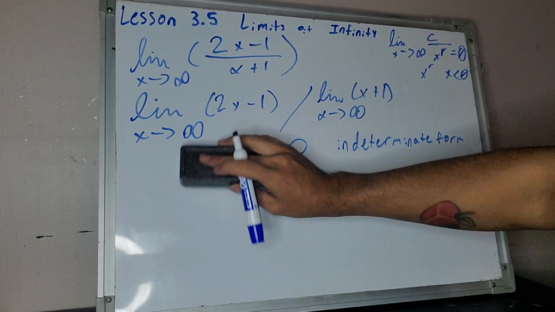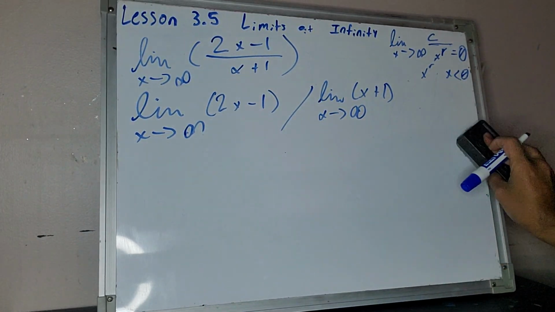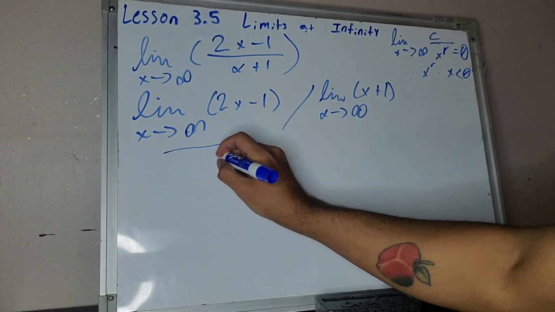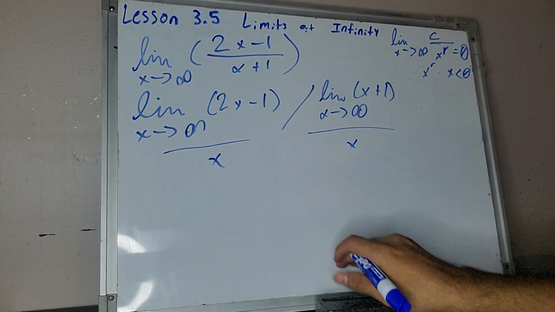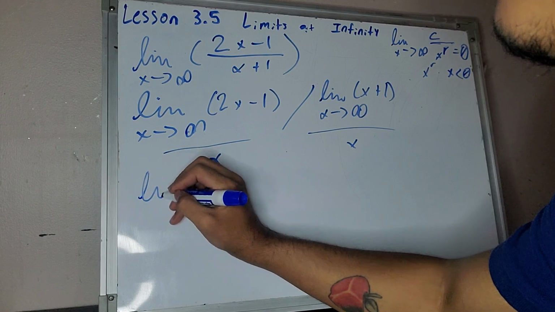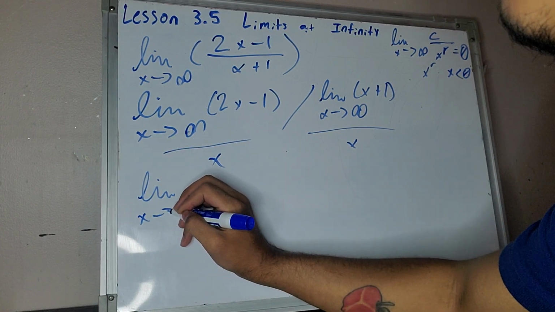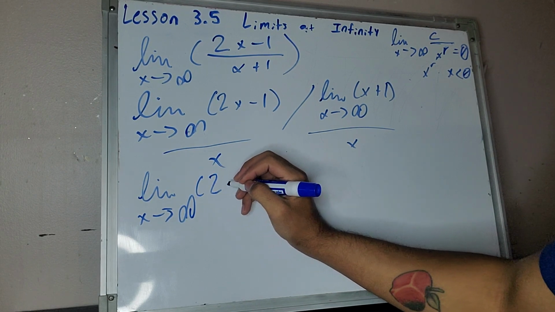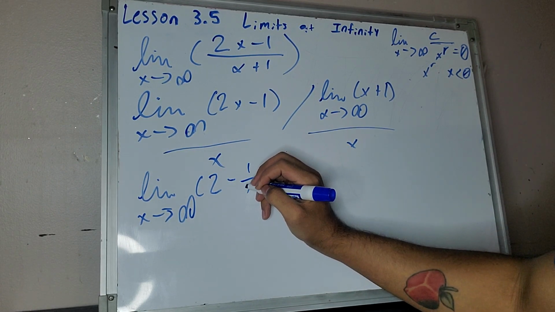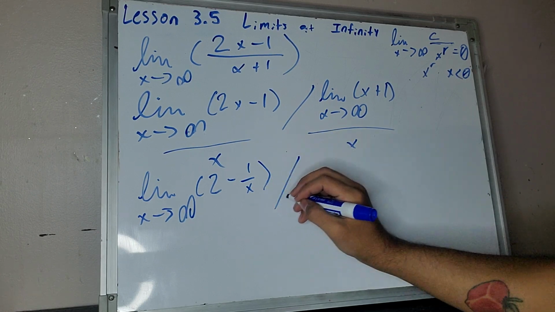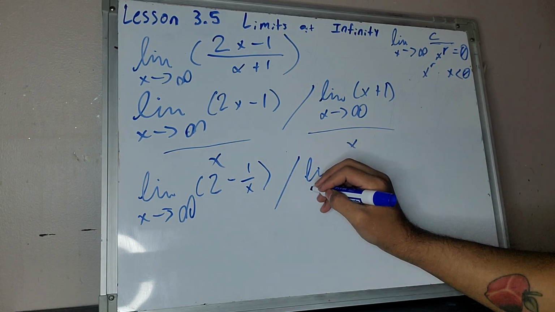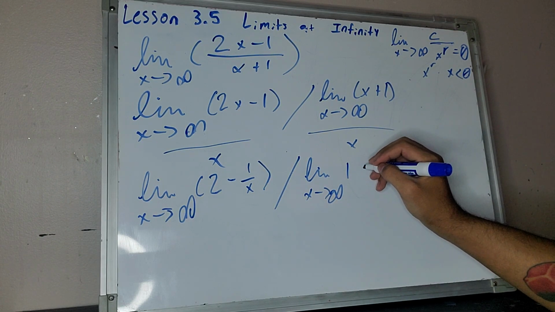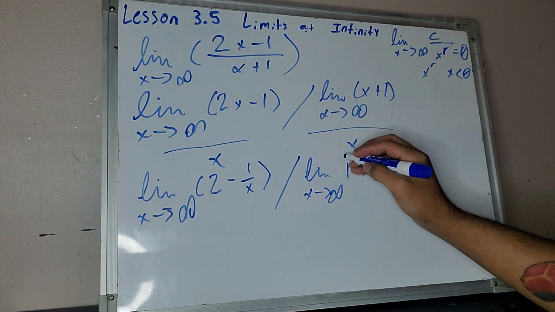A way to circumvent this is by dividing both sides by x, which will result in us having the limit as x approaches infinity of 2 minus 1 over x divided by the limit as x approaches infinity of 1 plus 1 over x.